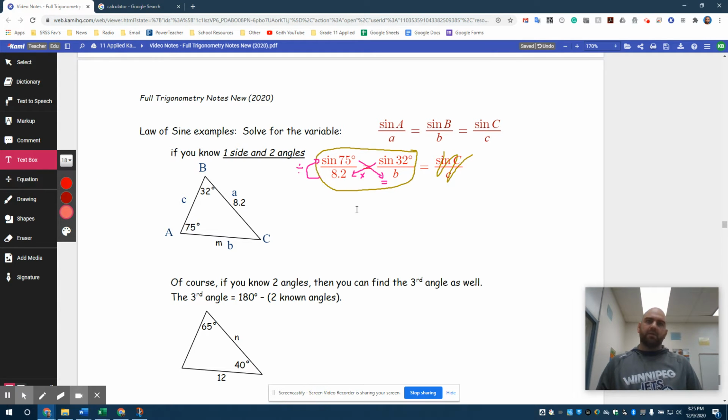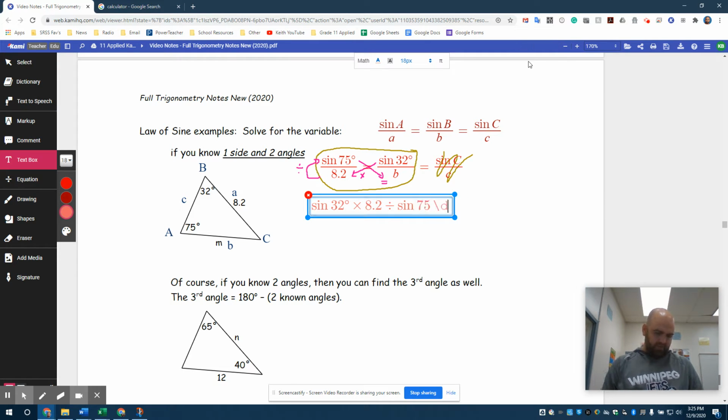What this looks like when we write it out is sine of 32 degrees times 8.2, and then divided by sine of 75 degrees. And what does that equal?